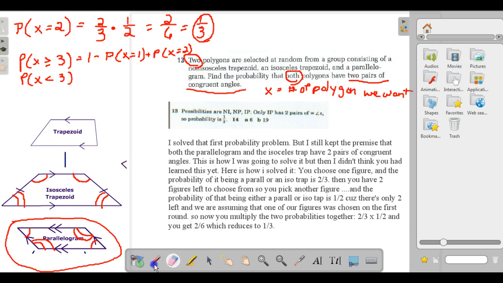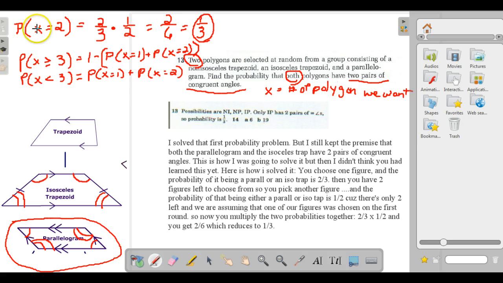So that's where you use addition, because it's like a cumulative probability, and you're taking 1 minus all of this to get greater than. If you wanted less than, you'd still add: the probability that x equals 1 plus the probability that x equals 2. So that's when we use the addition signs most of the time, addition and subtraction, when we have these greater than or equal to signs.